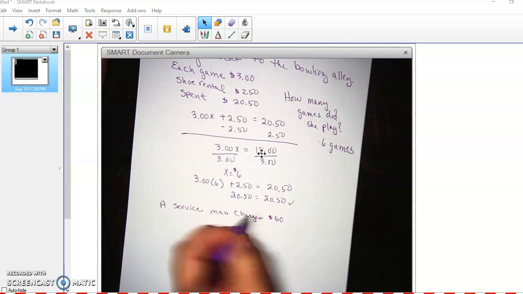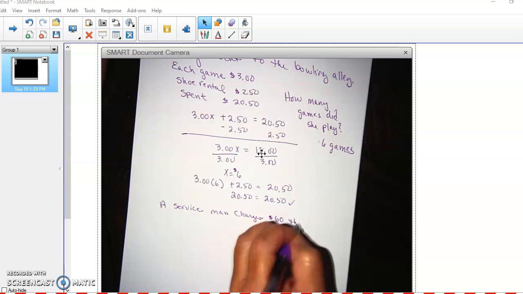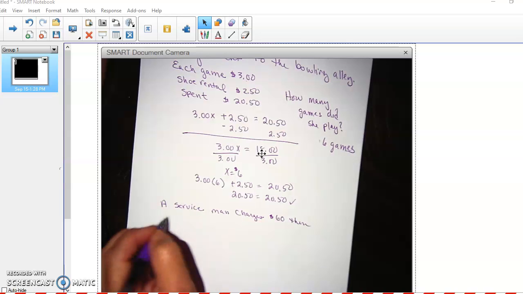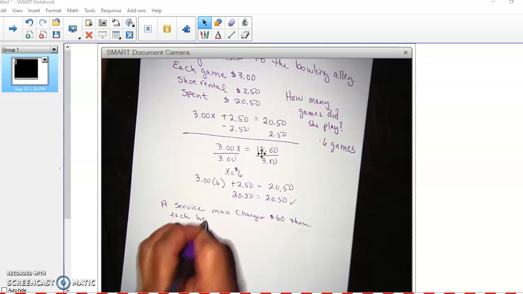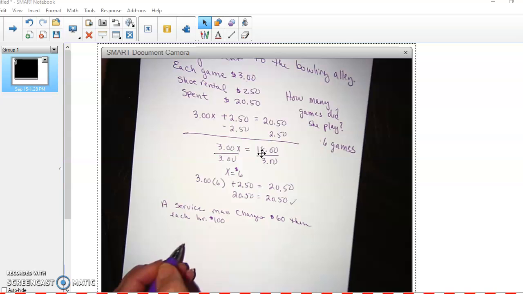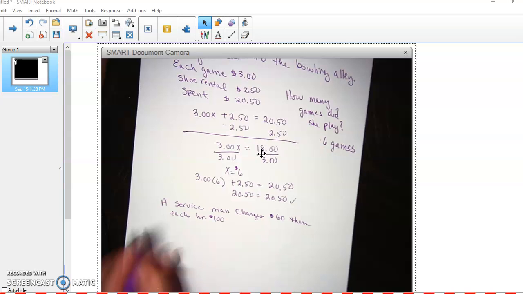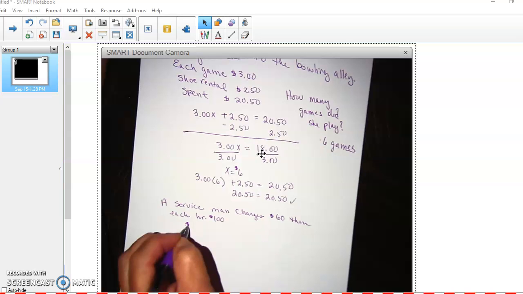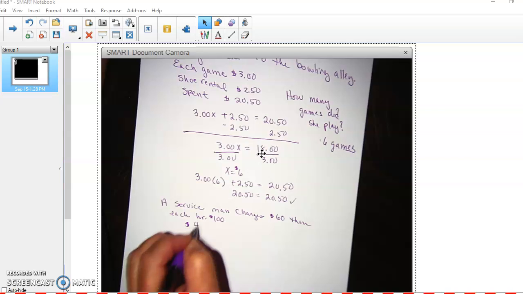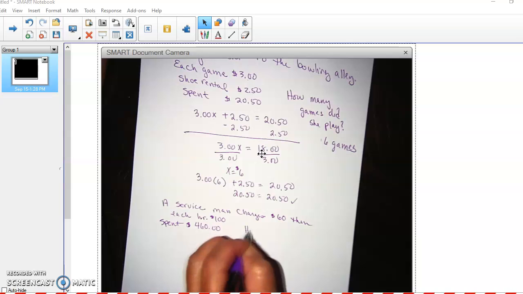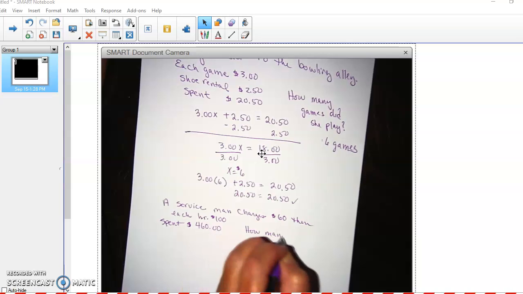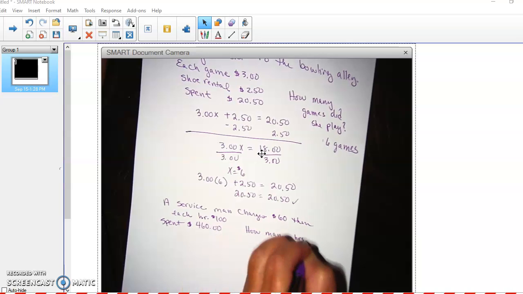Then for every hour, each hour, you spend $100. He charges $100 per hour, $60 just to come out. And say you spent $460. This is how much you spent. How many hours was that person there?